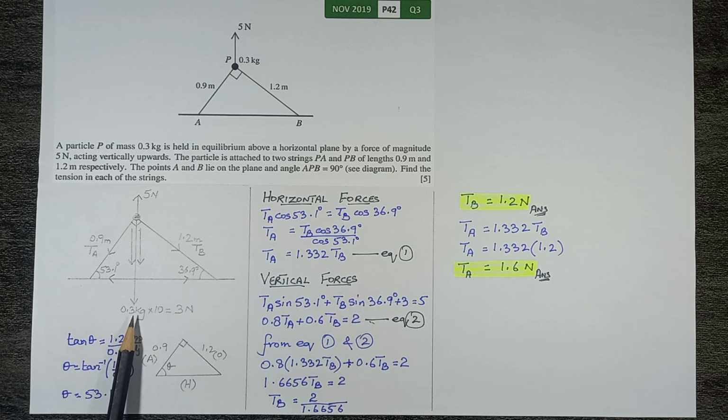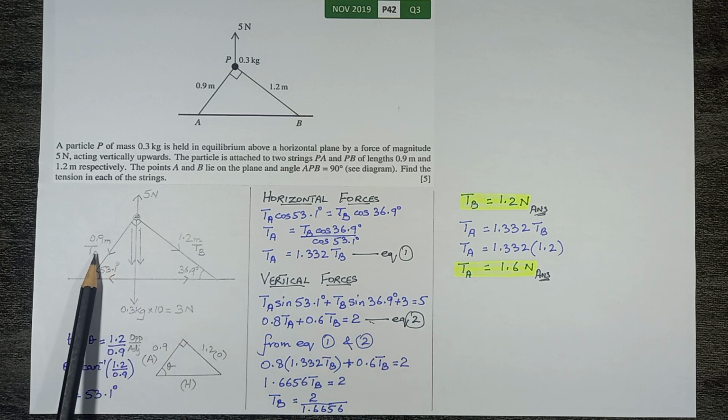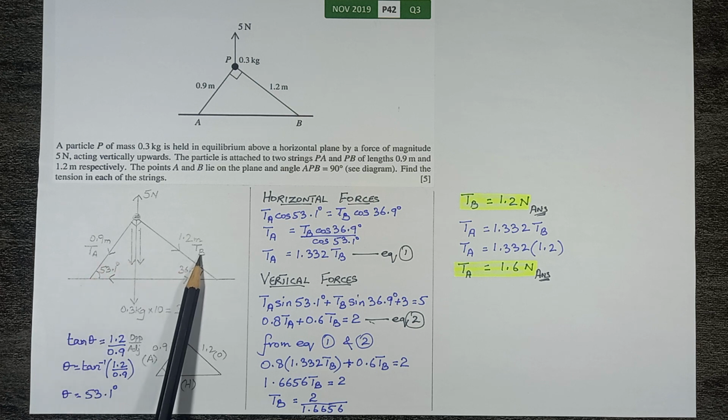And we have one more force, which is the mass of the particle, and definitely we have converted it into Newton by multiplying by g, which is 3 Newton. So we have basically three forces: the vertical force of this TA, the vertical force of TB, and the weight of the particle.